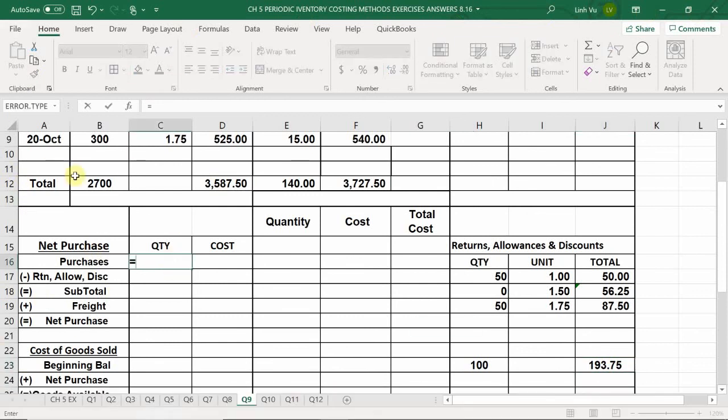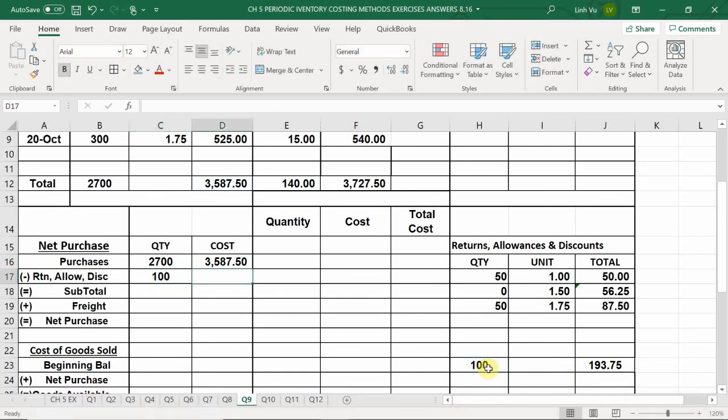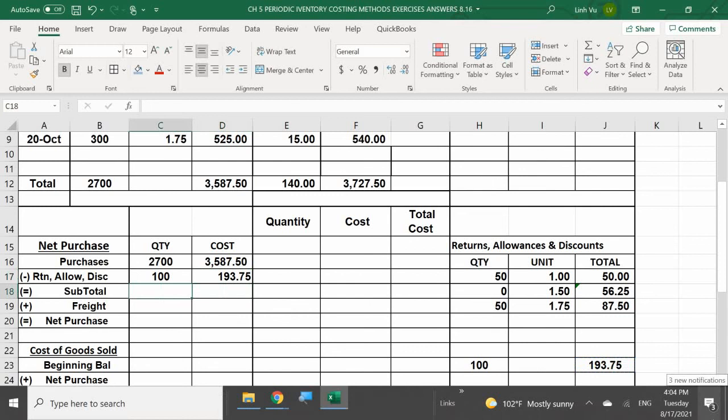We originally purchased 2,700 items at a total of $3,587.50. We end up returning 100 of those items for a total of $193.75 refund.